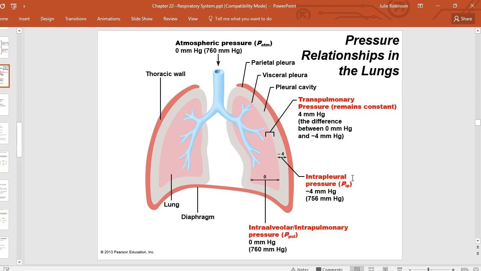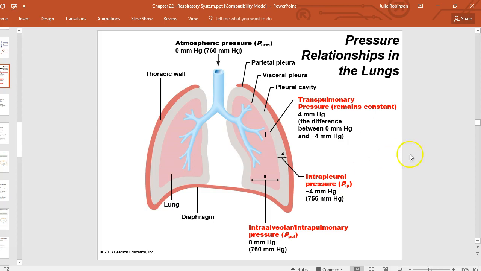Otherwise, if that pressure becomes 0 or positive, you actually get compression, or what's called atelectasis, of the lung. That's a collapsed lung, which might happen through a bleb, through a spontaneous pneumothorax, or a traumatic pneumothorax, and you'll see that in a video I'm going to show you in a couple of minutes.